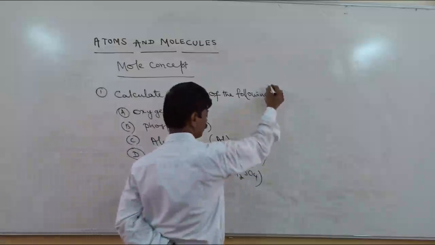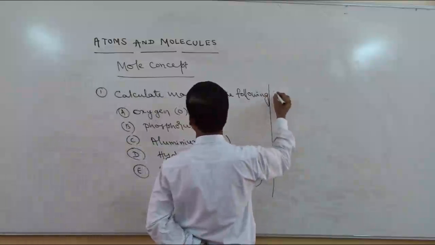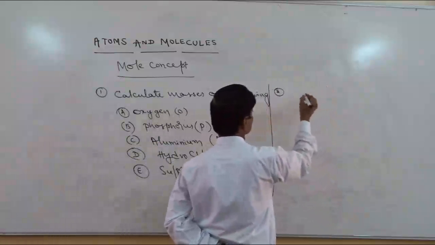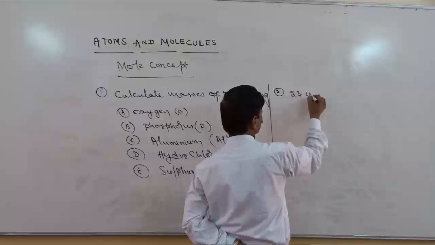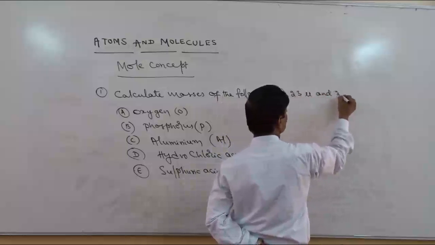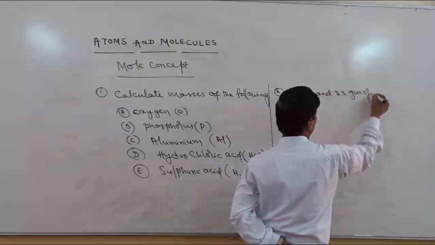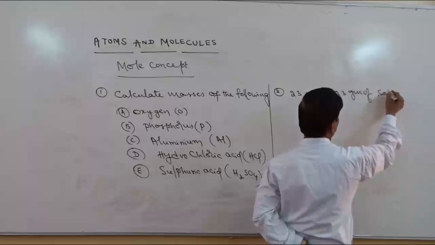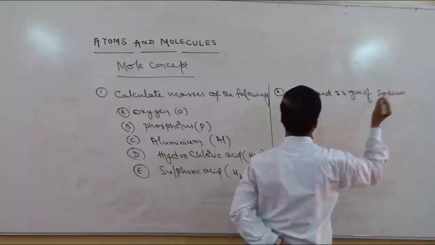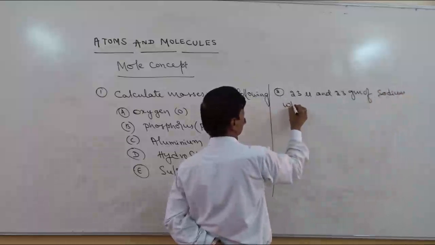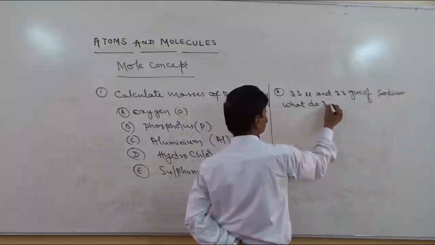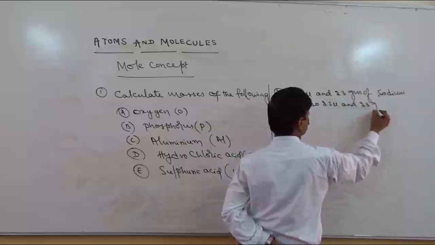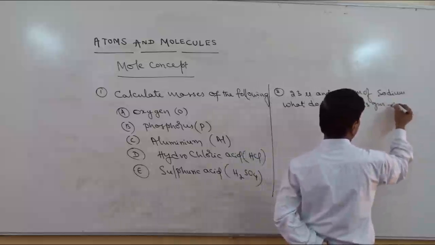Next, second numerical: 23 u and 23 grams of sodium. What do 23 u and 23 grams indicate?